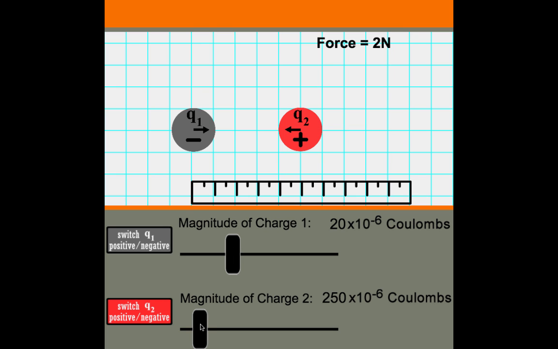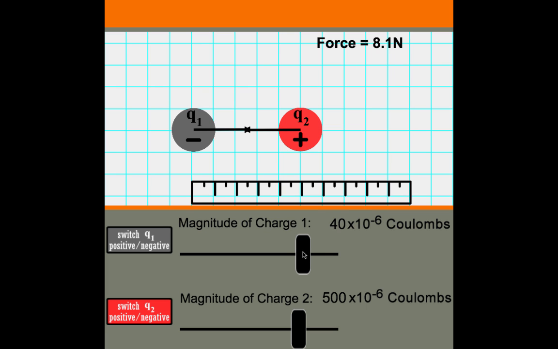If I bring this back to 20 and I double the charge on Q2 from 250 to 500, then the force doubles. If I double both, bring this up to 40, then within experimental error, within significant digits, this goes up 4 times to 8 newtons.